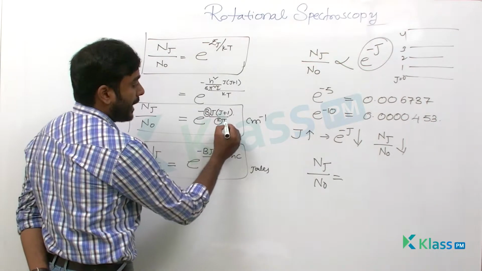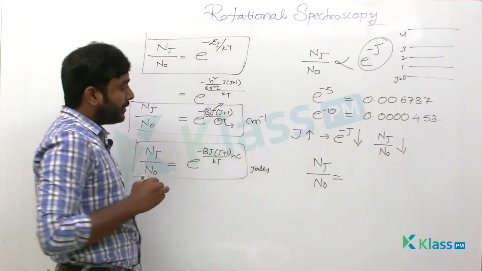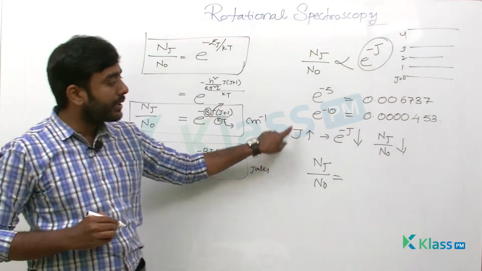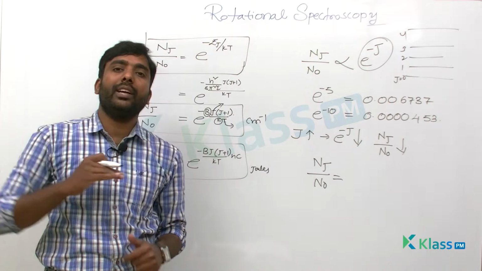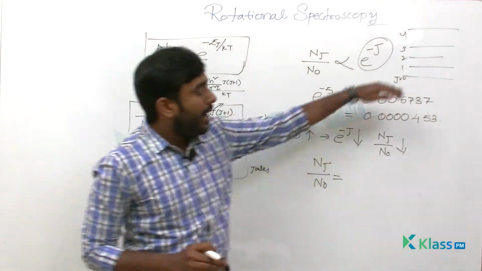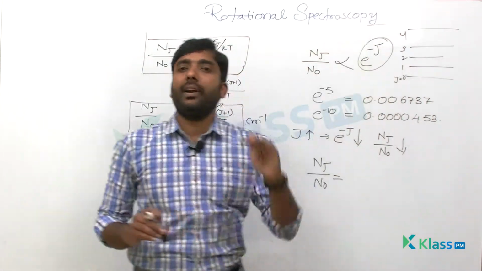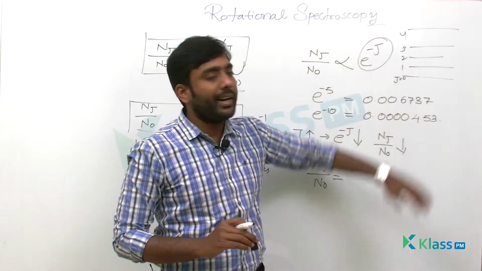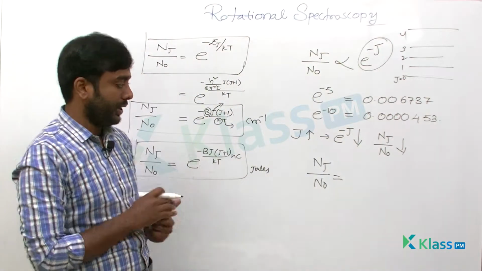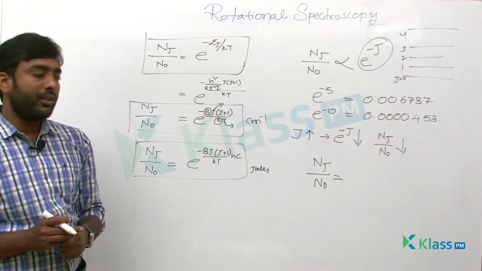Only variables are temperature and j value. This we have already seen. If j value increases, the relative population density is decreasing, which means the number of molecules at higher energy levels is less than at the lower energy levels. That is the conclusion. Next, how is temperature influencing?